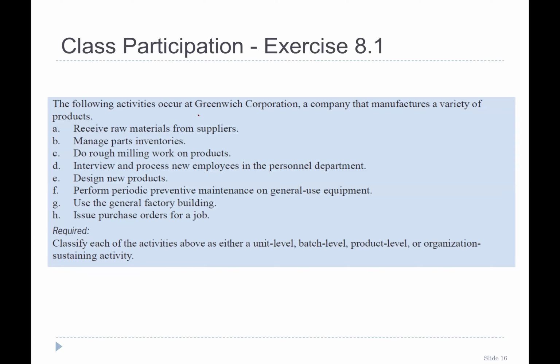The following activities occur at Greenwich Corporation, a company that manufactures a variety of products. It receives material from suppliers, manages parts inventories, does rough milling work on the product, interviews and processes new employees in the personnel department, designs new products, performs periodic preventive maintenance on general use equipment, uses the general factory building, and issues a purchase order for the job.